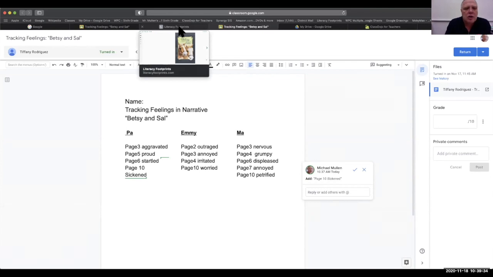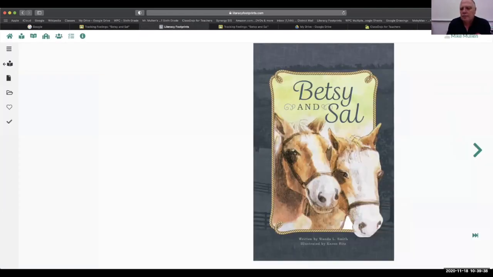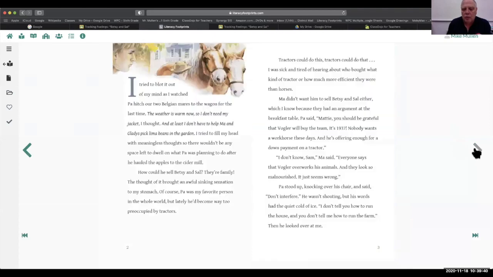Page 3. All I want you to do is listen to this. You can look at it or read it as well. Page 3. Tractors could do this, tractors could do that. I was sick and tired of hearing about who bought what kind of tractor or how much more efficient they were than horses.